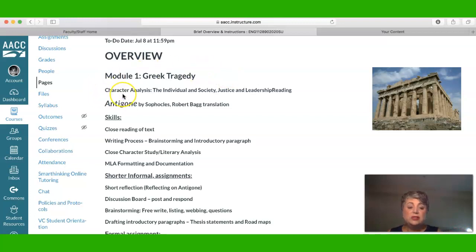Now, more specifically, what we're looking at in this module is writing a literary character analysis for our first essay. That is a character analysis of either Antigone or King Creon from the play. The themes we're loosely looking at are the individual, that is individualism, and society.